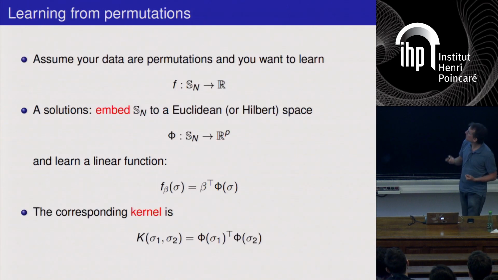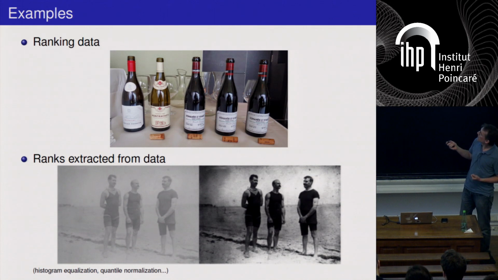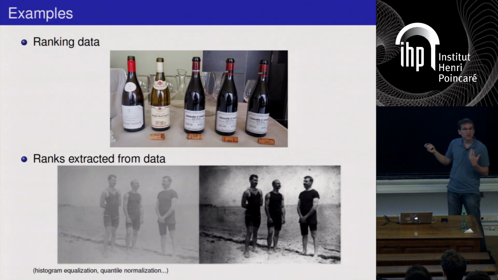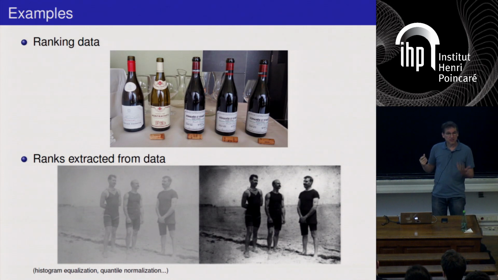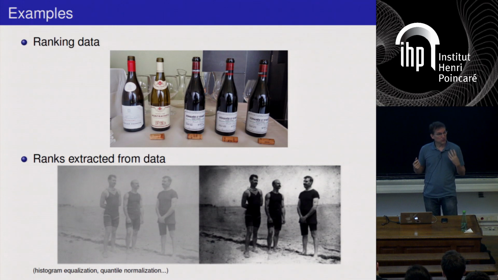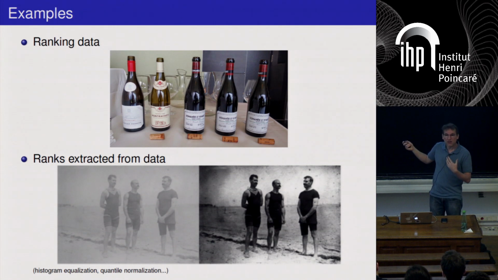So let's take the example of the image, for example. Here I say we have an image and we transform it into a permutation. Mathematically, a permutation is this sigma that says what is sigma of 1, sigma of 2, sigma of 3, etc. So to define this permutation, I need to impose a first labeling of the pixels.